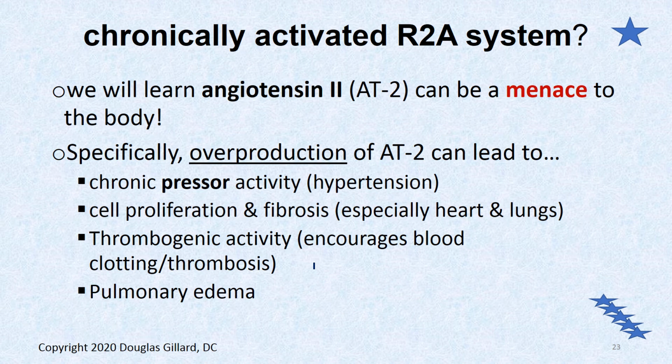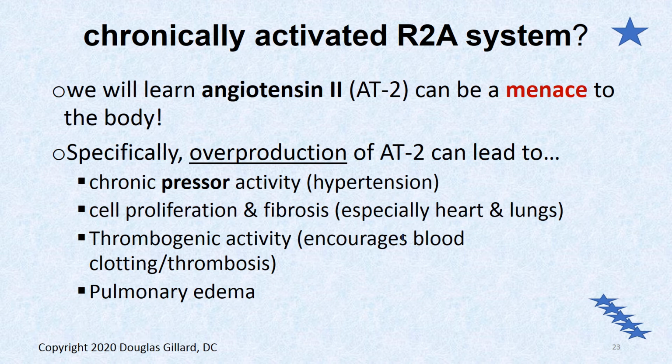So a chronically activated RAAS, if someone has a failing heart, that is not good. Not only does it fix the blood pressure, but it goes too far. People with a failing heart often have hypertension because of the chronically turned on angiotensin II, and it corrects the blood pressure and then some and gives you hypertension. But yeah, same thing.